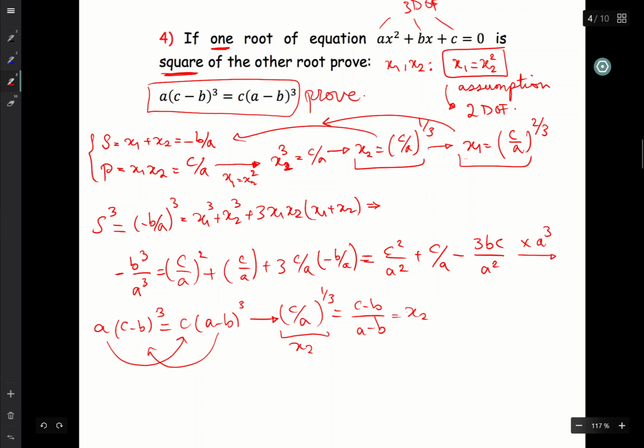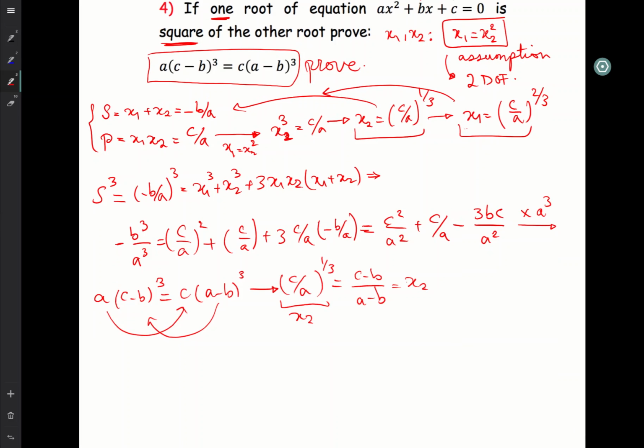This is what we found, right? So if I could write x2 in another way, then I have to prove that I can write x2 in the form of c minus b over a minus b. So basically I have to prove this. If I prove this, I have solved the problem. Okay? Now how do we prove this?